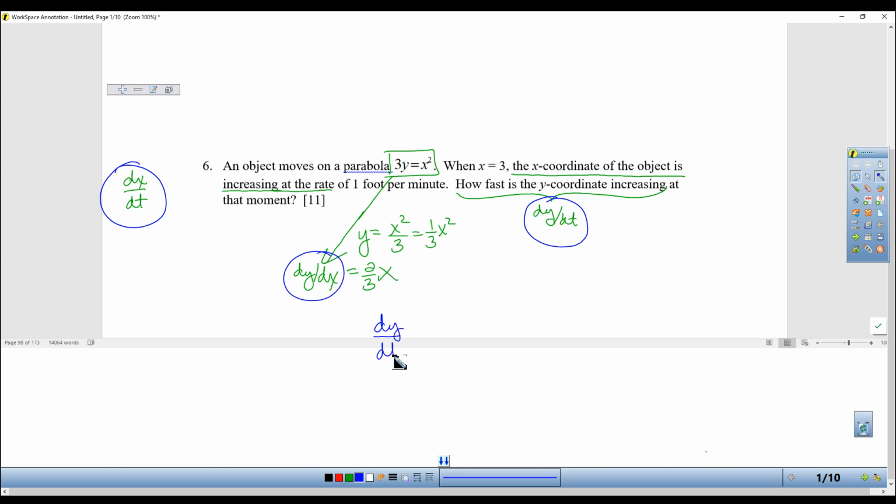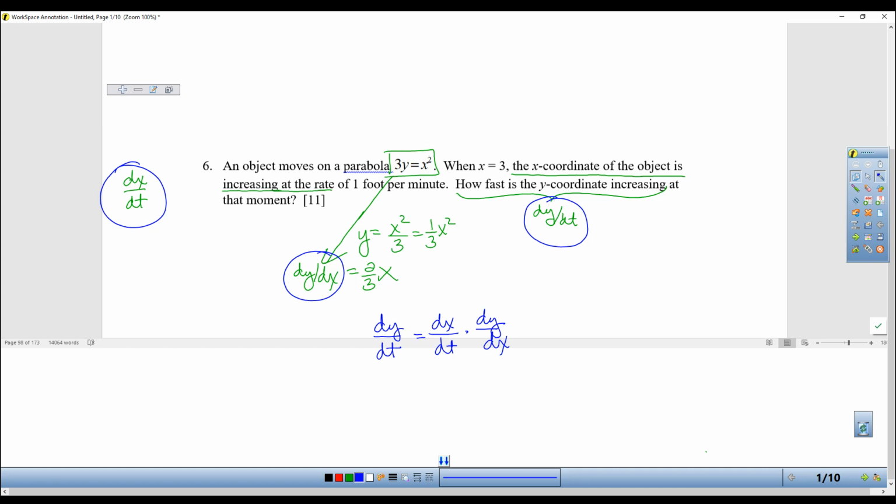dy/dt, I need another dt on bottom, so I'm going to put that over here, so I will have another dt, but now that must mean I need a dx on bottom, because I need the dx's to cancel, and I need a dy on top, which I have. So dy/dt is equal to dy/dx times dx/dt.